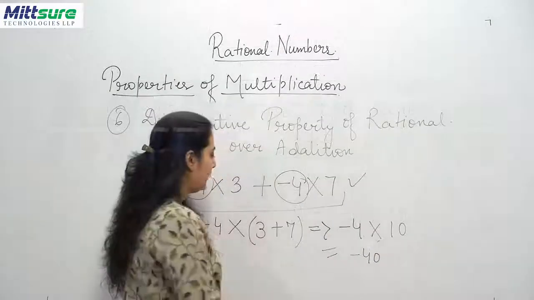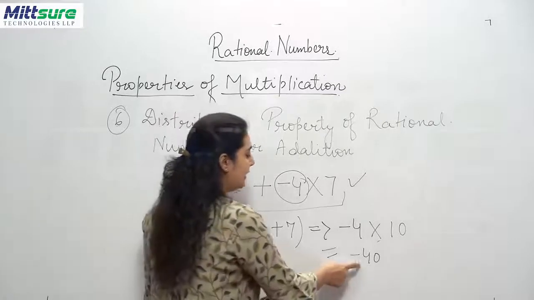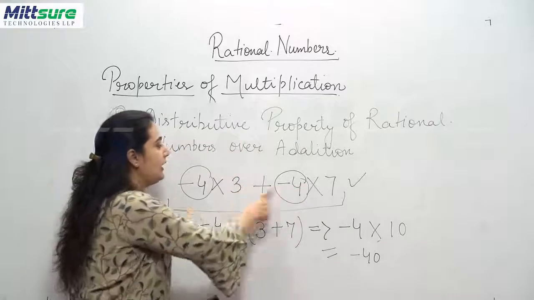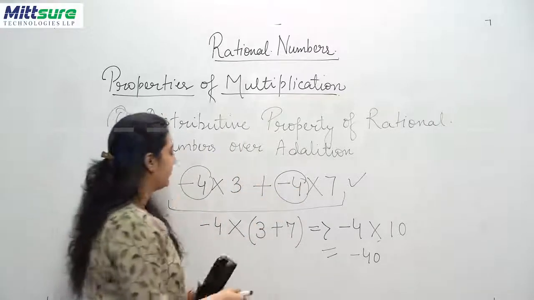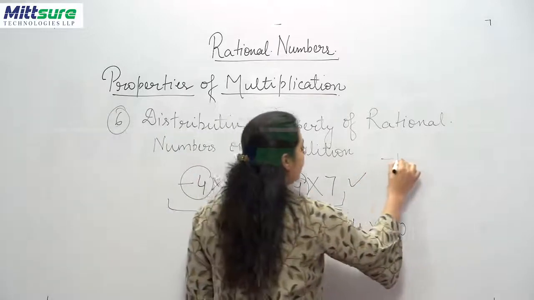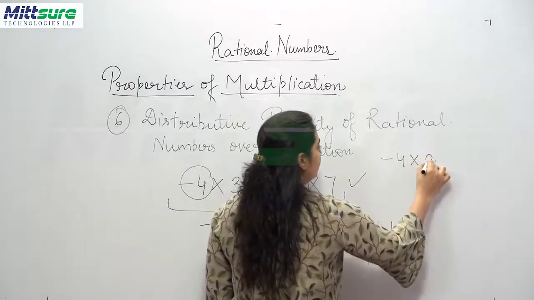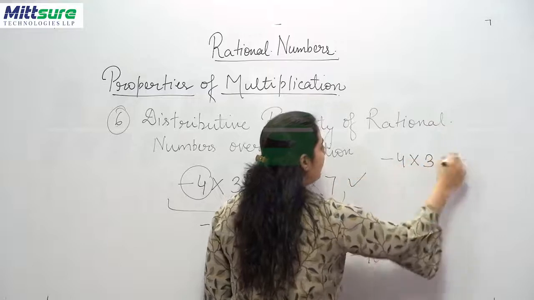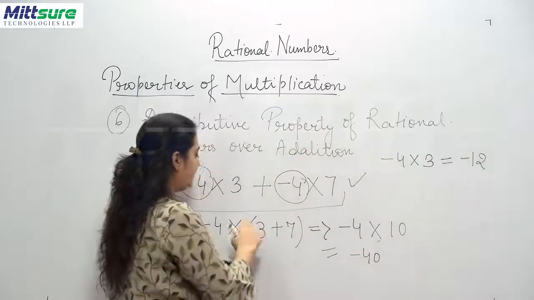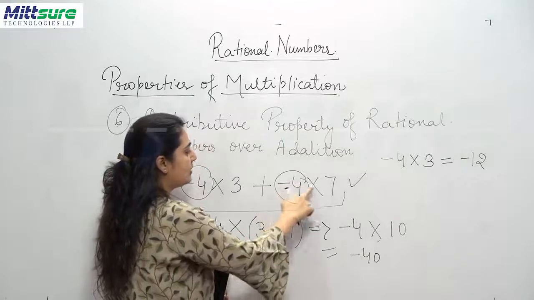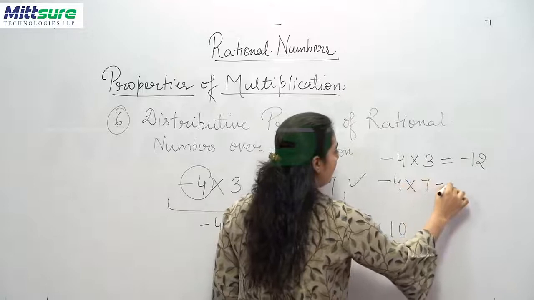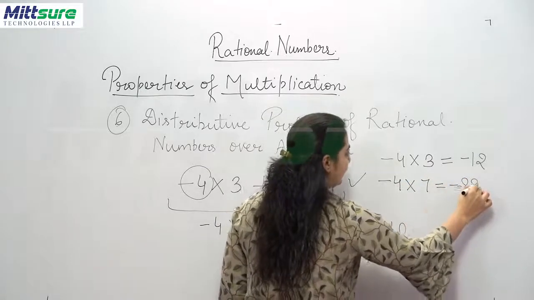Now let's check how I got this minus 40 if I solve it as it is. When I multiply minus 4 into 3, it will give me minus 12. Clear? And when I multiply minus 4 into 7, it will be minus 28.